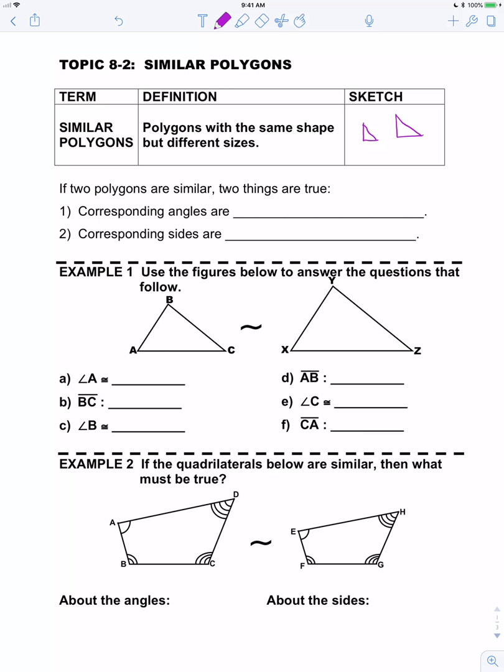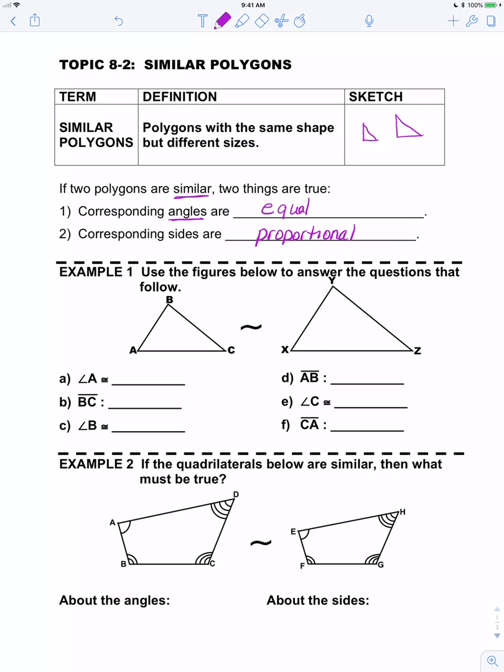So just remember, if they are similar to each other, then their angles are going to be equal to each other. Their sides are going to be proportional to each other.